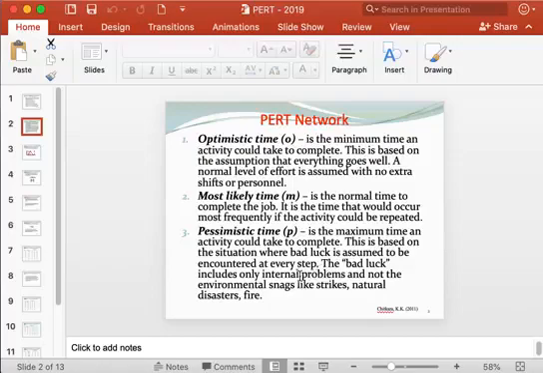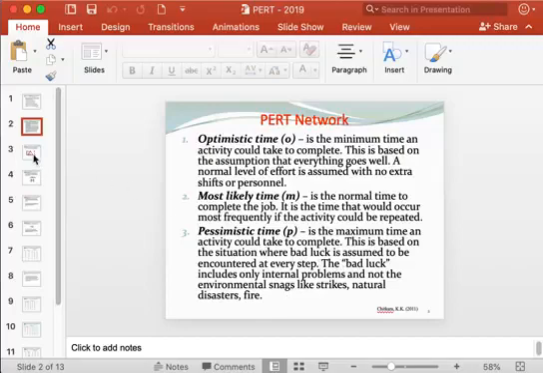Internal problems may be because of people not putting in the required level of effort, or a lack of cooperation, or people not working in teams. So the bad luck here refers to internal problems, not natural problems like flood, fire and all.